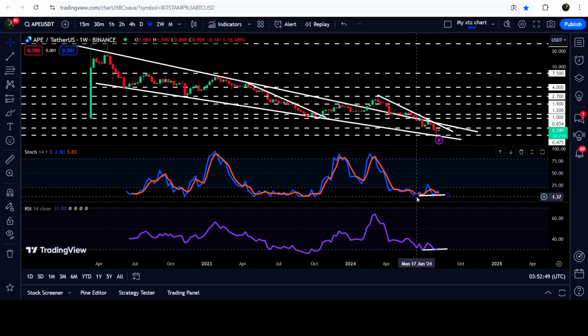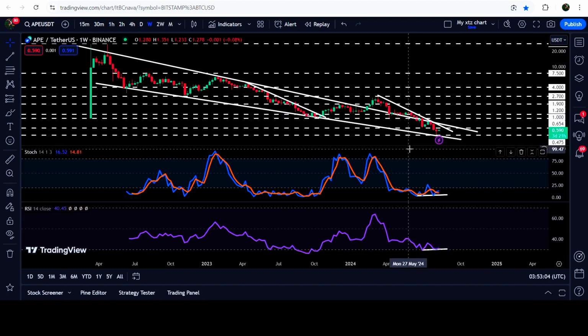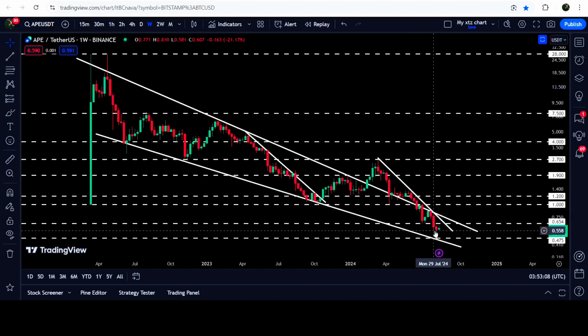Both oscillators were also showing a bullish divergence, as the price line was forming a lower low than previous low, and stochastic and RSI were forming a higher low than previous low, and both oscillators were moving to the upside. The price then followed this double bullish divergence signal and bounced very well. And now we are about to hit this downtrend line resistance once again, and there is a very high probability that soon we may also break this resistance out.